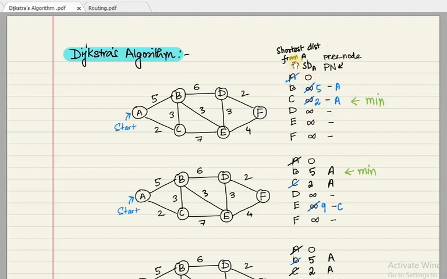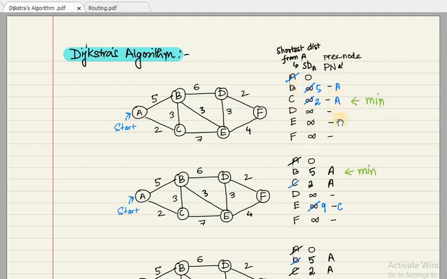Just remember that in this second column we will have the shortest distance from the starting node A to the other nodes. So for this one it will be from A to B, then A to C, then A to D, then A to E, then A to F. These will be the costs for the journey from A to B, A to C, A to D, and so on.